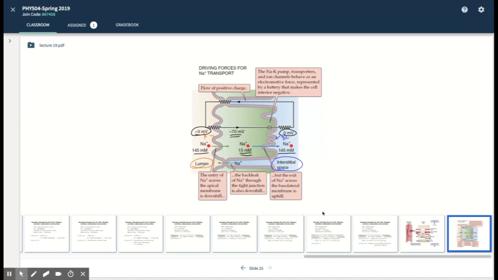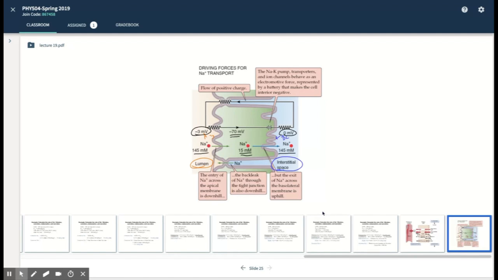Every cell in your body's got a sodium potassium pump. So if that sodium potassium pump is present in every single one of your epithelial cells, you're going to have the same gradients that you see for sodium and potassium. Potassium is going to be high, sodium is going to be low. So there's always going to be a concentration gradient. There's also an electrical gradient to get sodium into the cell. So it's going to want to move very easily.